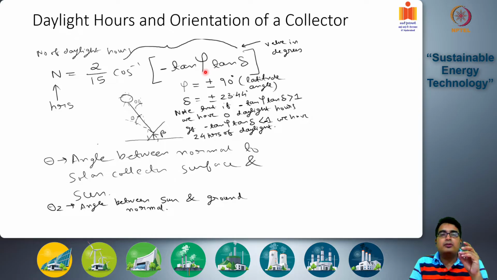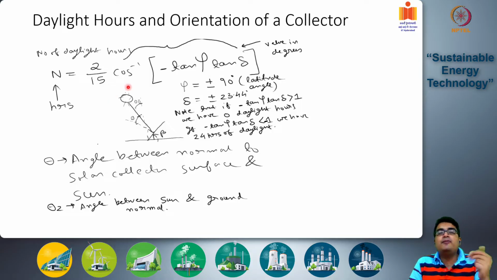Similarly, cos inverse of minus 1 is basically 180 degrees. So when you put cos inverse of minus 1, this becomes 180 degrees, then 180 into 2 is basically 360, and 360 by 15 is 24.